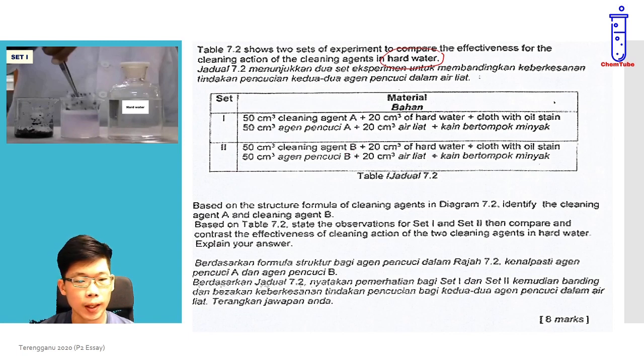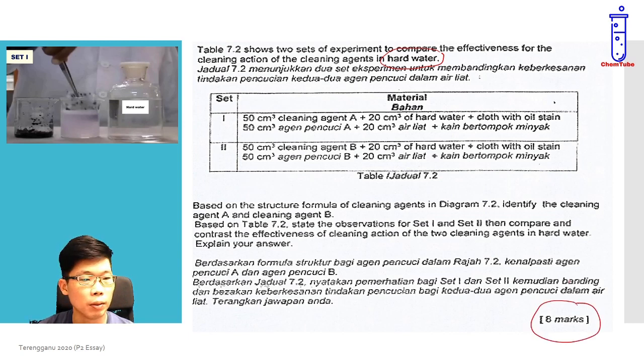Based on the structural formula, identify the cleaning agents A and B, then state the observation for set 1 and 2, then compare and contrast the effectiveness of the cleaning action of the 2 cleaning agents in hot water, and then explain your answer. So the total is 8 marks.